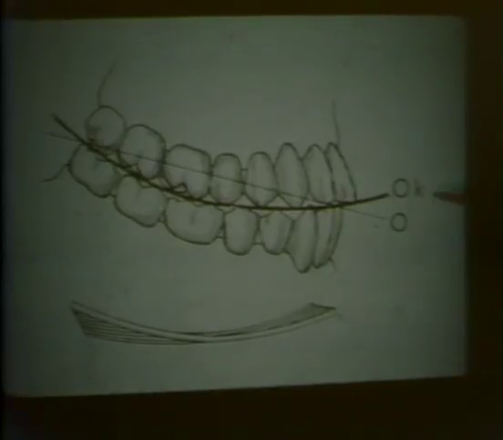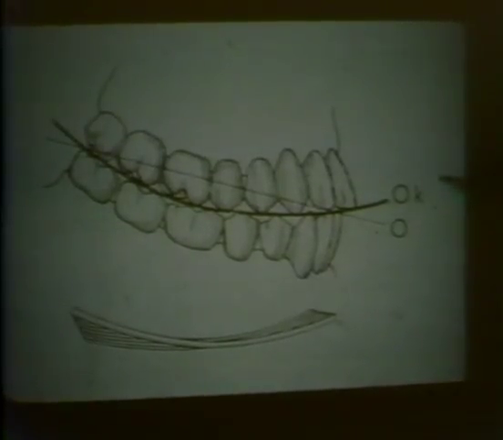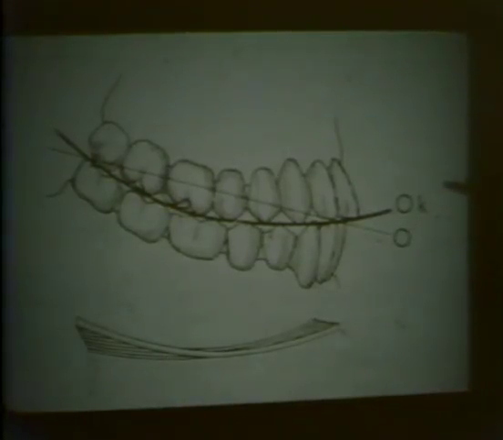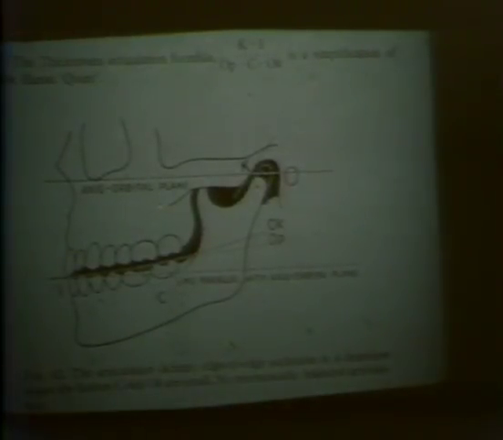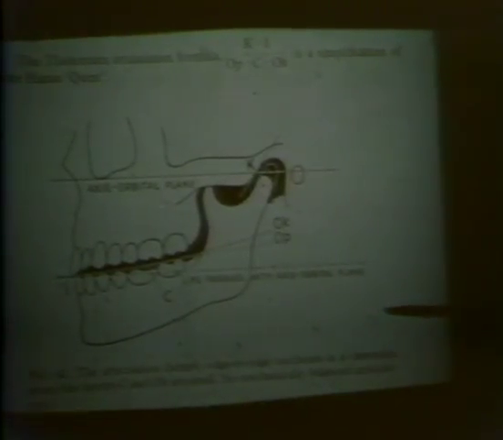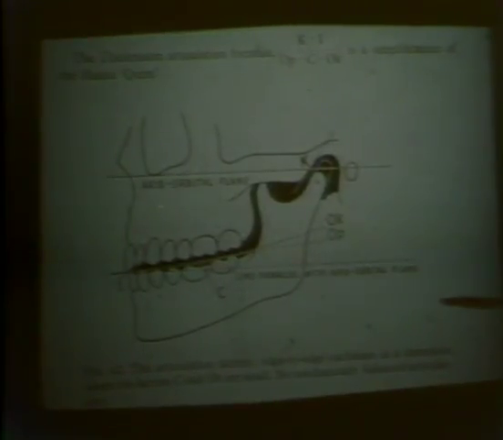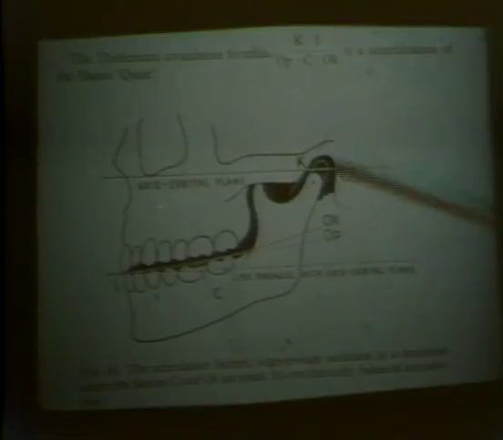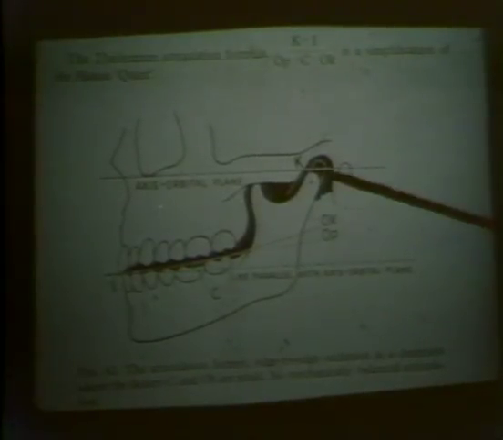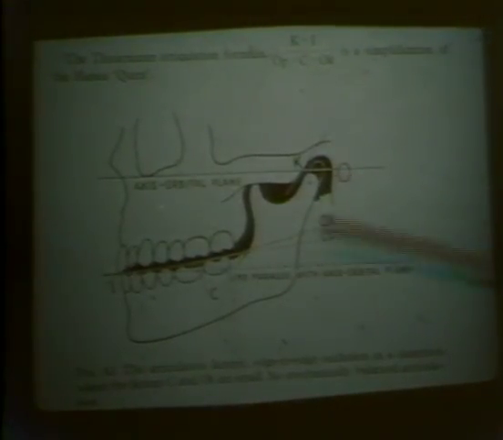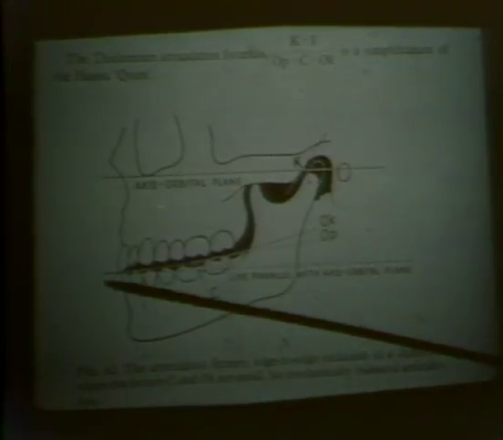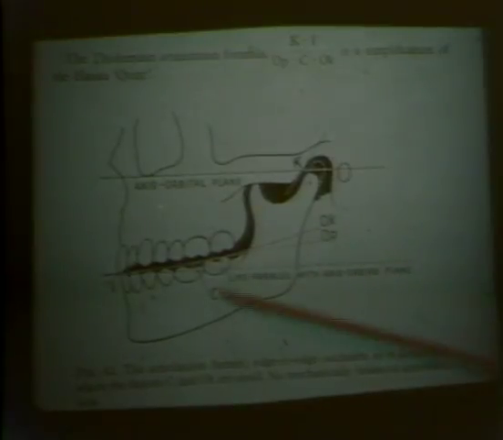We were talking earlier about the influence of the various factors of occlusion upon creating traumatic occlusion. In this case, the curve of Spee and the plane of occlusion. And we mentioned this in one of the earlier modules on occlusion, the Thielemann articulation formula, and the way in which the teeth would come together, and all of these various factors, the condylar inclination, the incisal guidance, the curve of Spee, the plane of occlusion, and the cusp height.